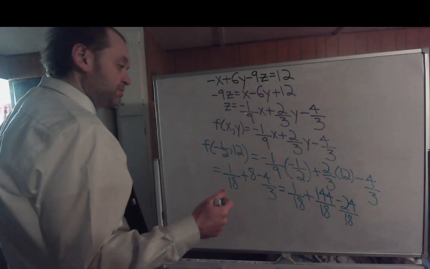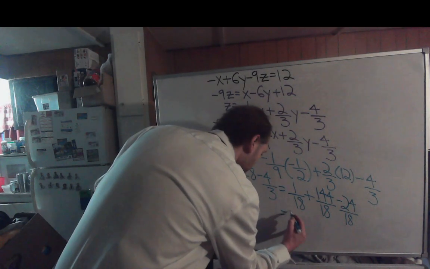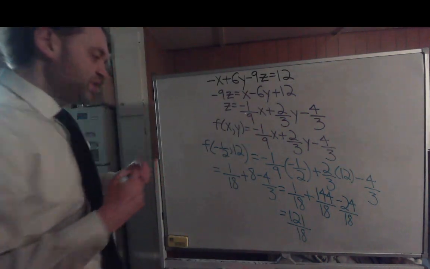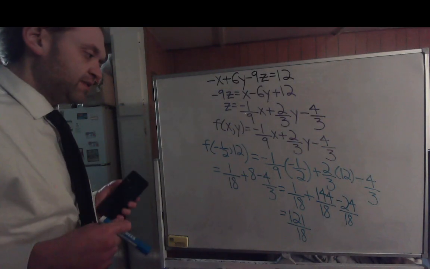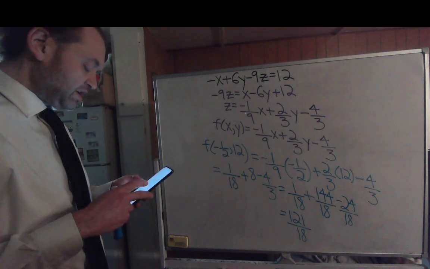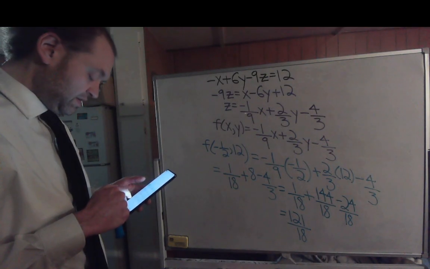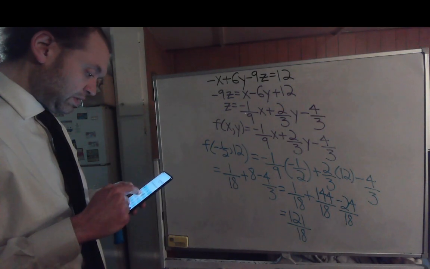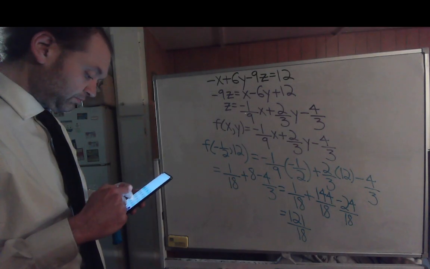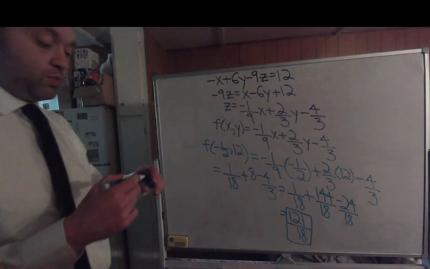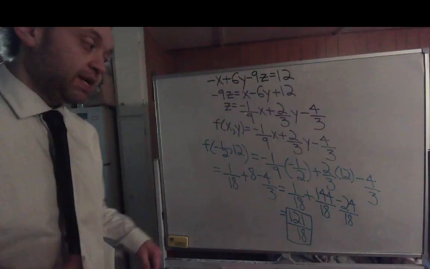And then plus 1, that'd be 121 18ths. I don't think those factor any further, but I'm willing to find out. Does it factor any further? That's always something we want to ask ourselves. It doesn't appear so. So the answer you should get is that f of (-1/2, 12) would equal 121 18ths.